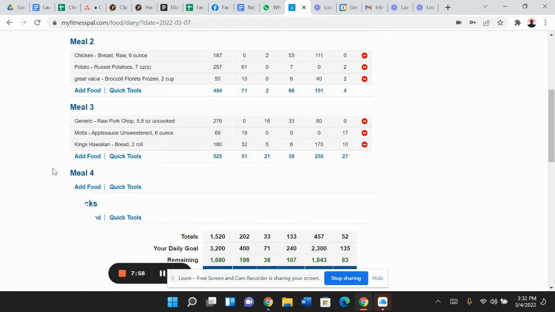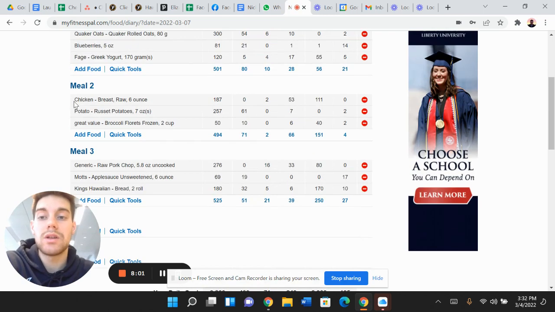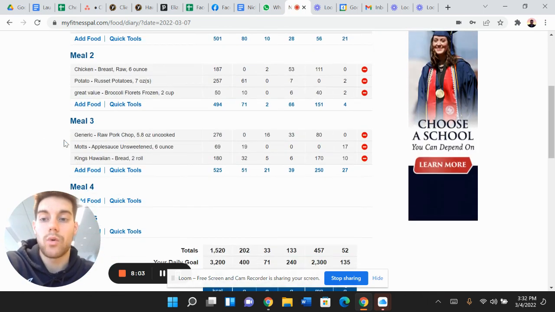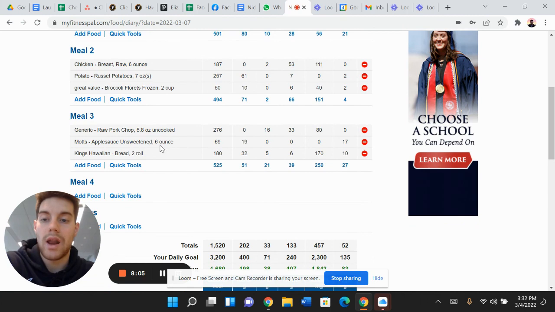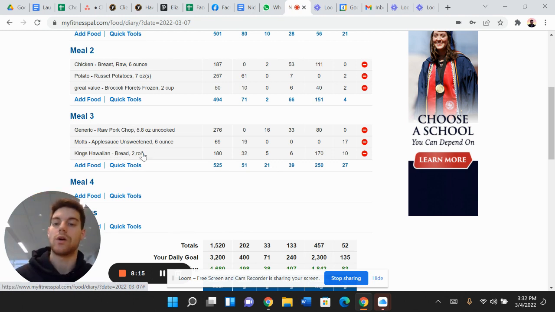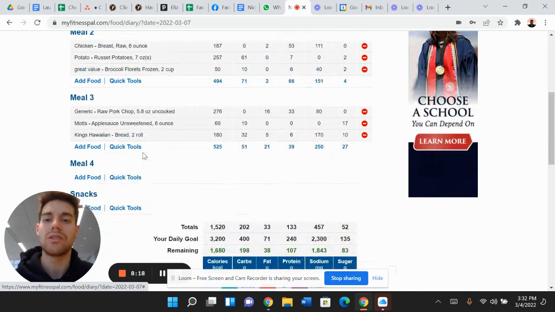Awesome. So this is me setting my script for tomorrow. So I know for tomorrow, for dinner, I'm going to have 6 ounces of applesauce. I've already measured my pork chop. I know that it's 5.8 ounces. And I know that I'm going to have the bread roll as well, okay? So this is me setting up my script.